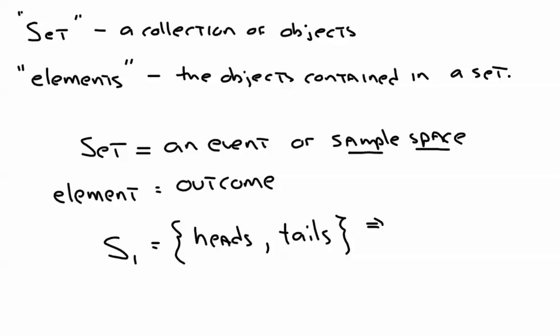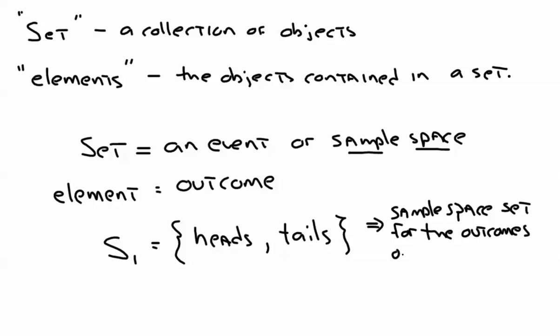It's a sample space. Sample space set for the outcome of tossing a single coin. I think you should be able to get the hang of it there.